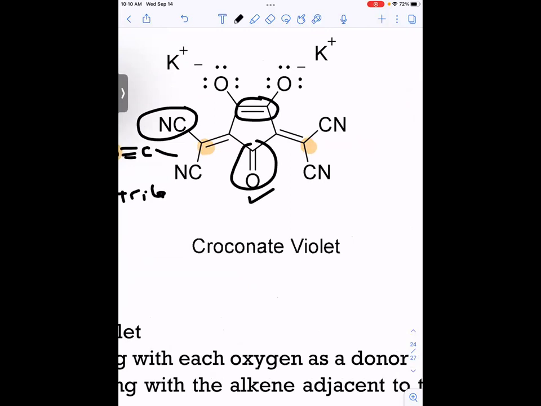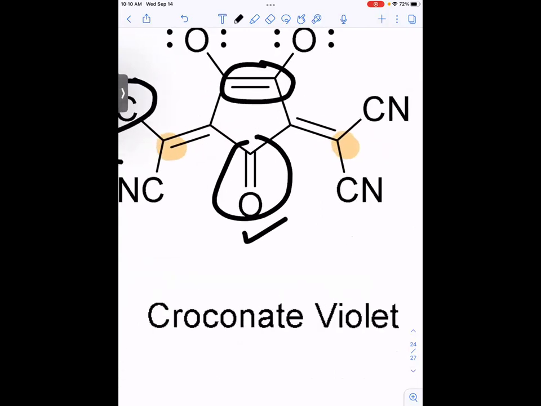Right here. Anybody? You have a carbonyl, which is a generic functional group, but on either side of that carbonyl, you have a carbon. What functional group is that? Ketone. Good. It's a ketone.